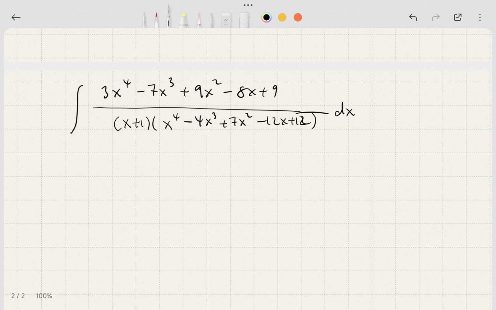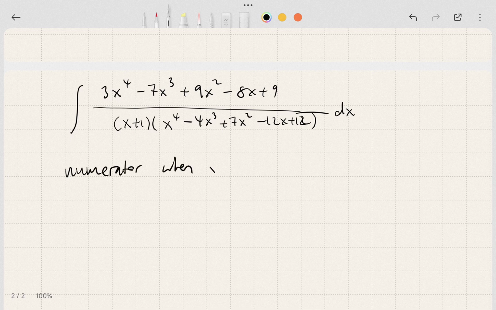Okay, let's think about if we can simplify the numerator a bit. So 3x to the power 4. Okay, so let's analyze the numerator.